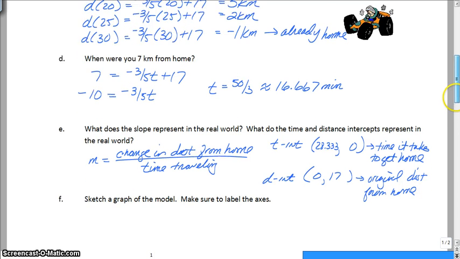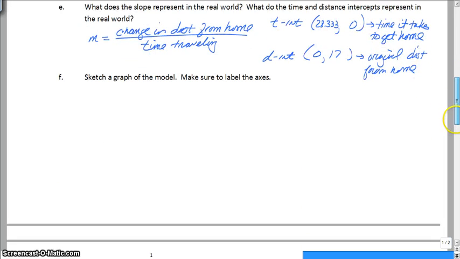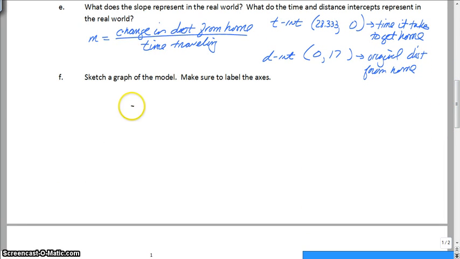So finally, the last thing we need to do here is just sketch a graph of the model and make sure we label our axes. So we just need a little sketch for this. It doesn't have to be perfect. If you can go up by 5s if you want to. And remember, our intercept on D is 0, 17. And then our T intercept is at 28.333, 0.